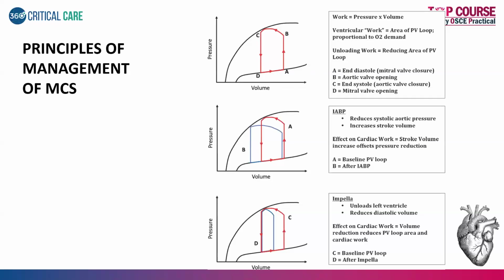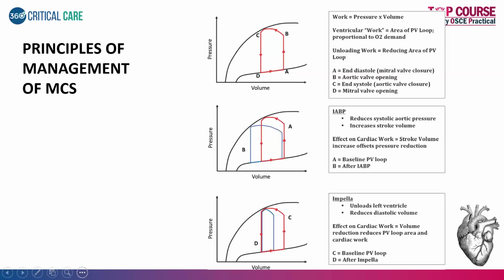So how does a mechanical circulatory device help? There are various mechanical circulatory devices which can be used for right heart failure or left heart failure. And sometimes even ECMO is the last resort that we can consider. Here I would like to throw light on only two such devices, that is the IABP and Impella. I will be drilling into detail about IABP in the next class. And Impella is something that we need to know because there have been a lot of studies regarding Impella in cardiogenic shock.